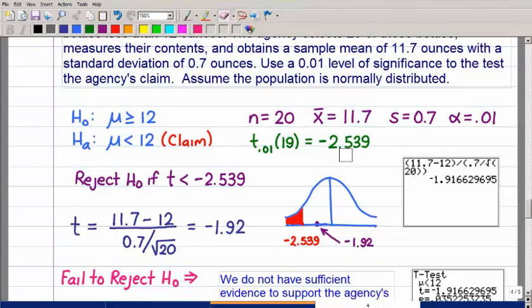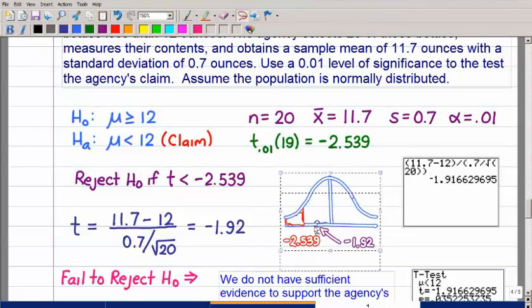So, our statement, our decision, we call the decision rule. The statement right here is called the decision rule. You reject the null if the t is less than negative 2.539. Or if the absolute value of the t is greater than positive 2.539. In fact, let me add that in here. I'll lower my picture.